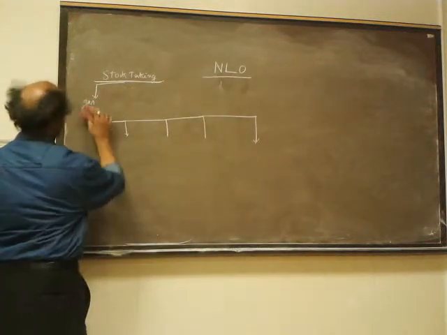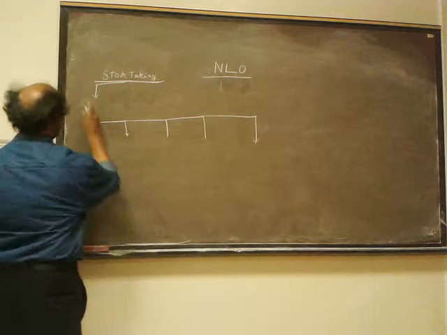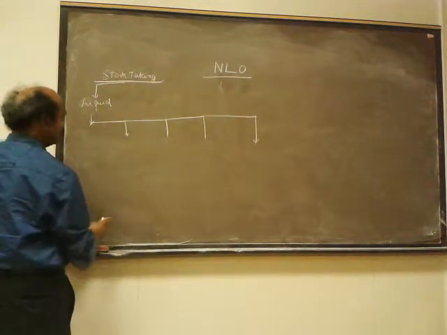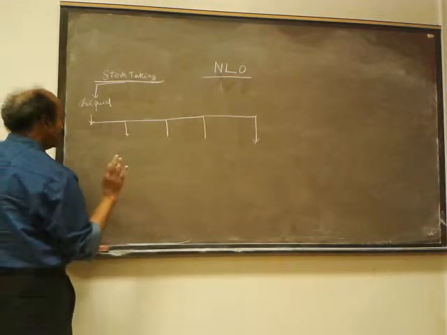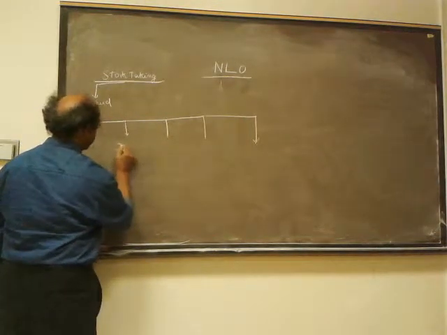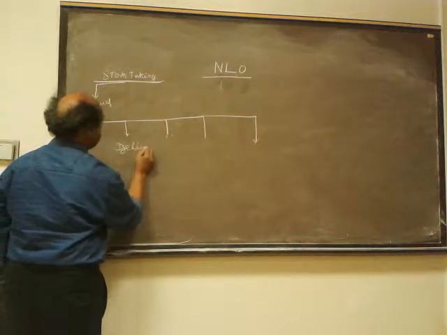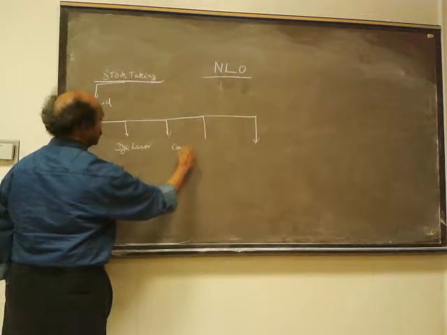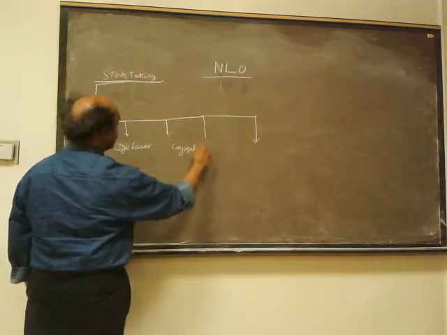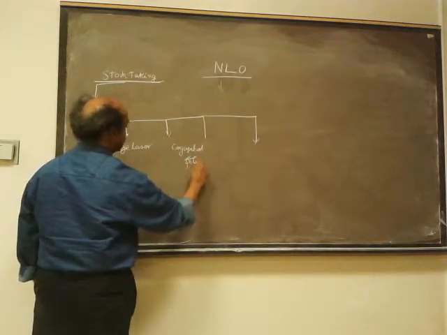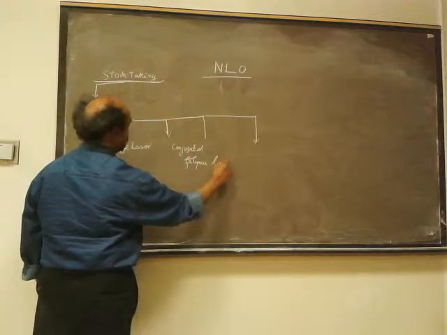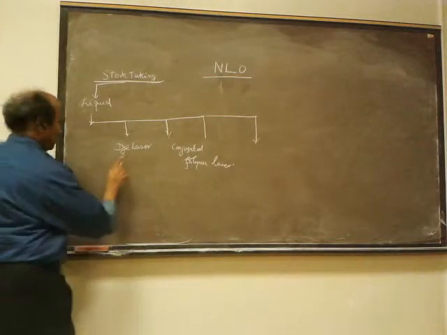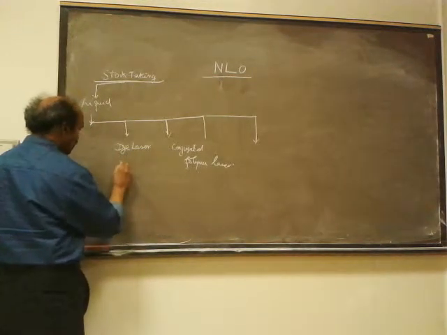The other one, from the gas, we will go to liquid. In the liquid, you have only 2 types. This is the dye laser, and the other one is the conjugated polymer laser. The dye laser is a single molecule.